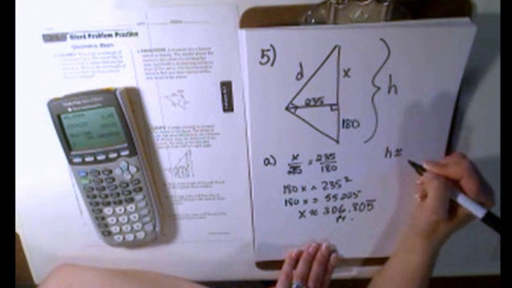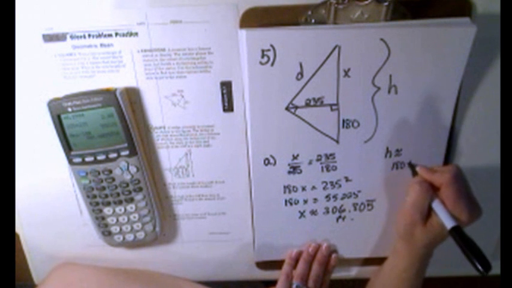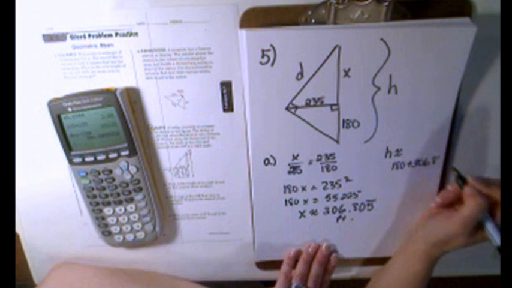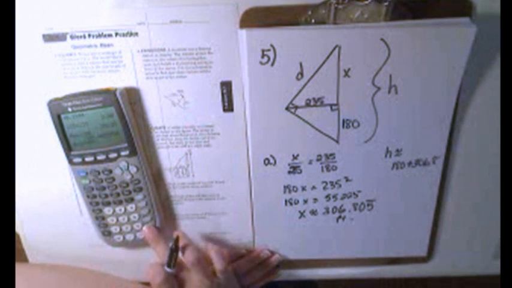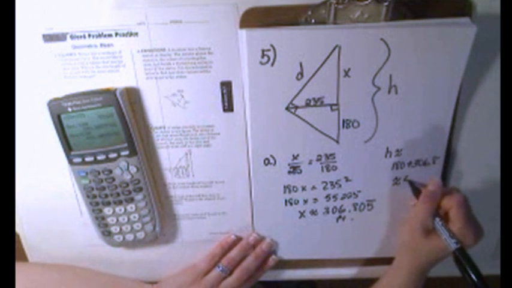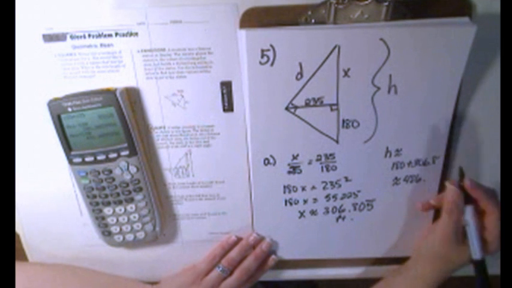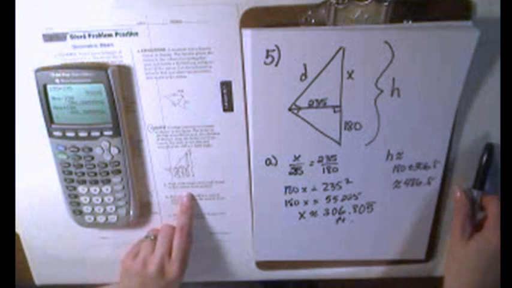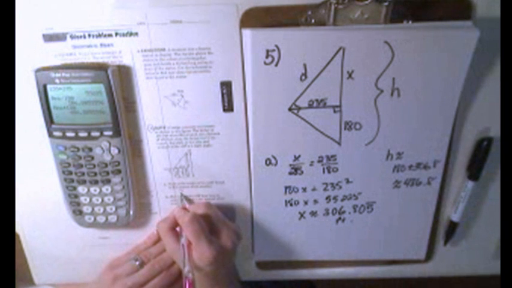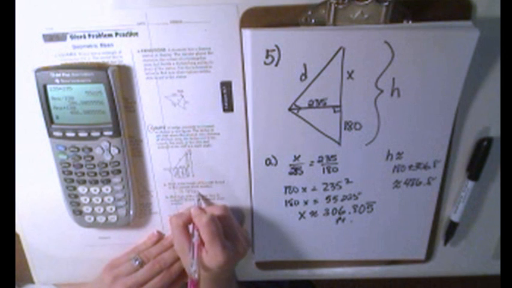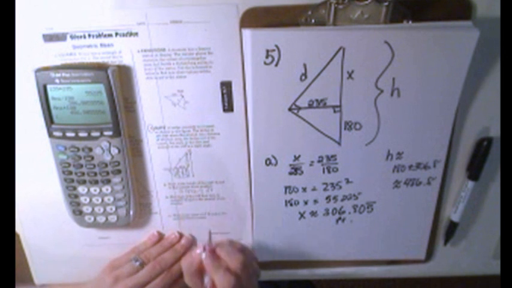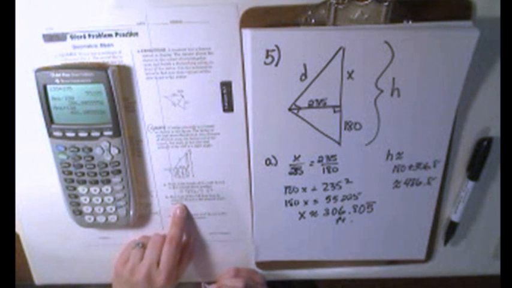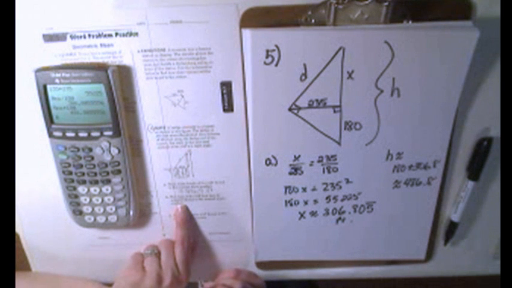Okay, we can round that off a little bit more, and that's in feet, which means the height is approximately 180 plus 306.8, which is approximately 486.8. So that's part A, 486.8 feet. How high is the cliff from the base to the summit?